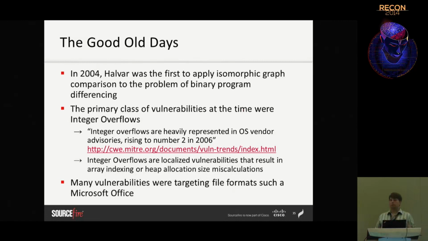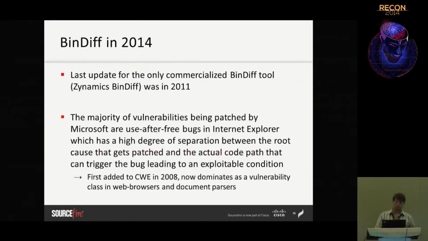I mean, in theory, yes, you could store this malformed value into an object and have the object passed around to a series of function calls and later on referenced. That does happen, but most of the time the locality of the bug is very close to what the root cause was in the case of integer overflows. In 2014, we are looking at a whole lot of use after free bugs.